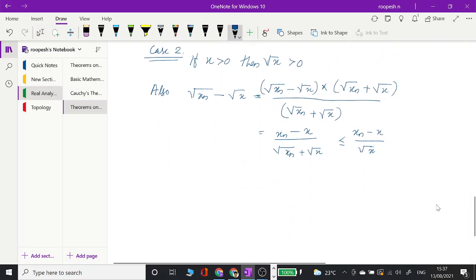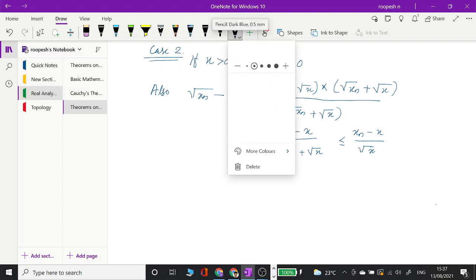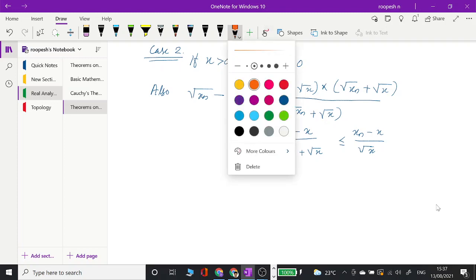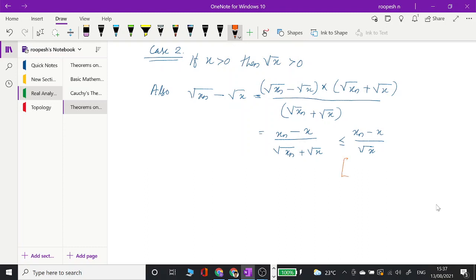Since we have assumed that square root of xn is a positive quantity, inside the bracket we can note it down. Since xn is greater than or equal to 0, therefore square root of xn is also greater than or equal to 0, and square root of x is also greater than 0.